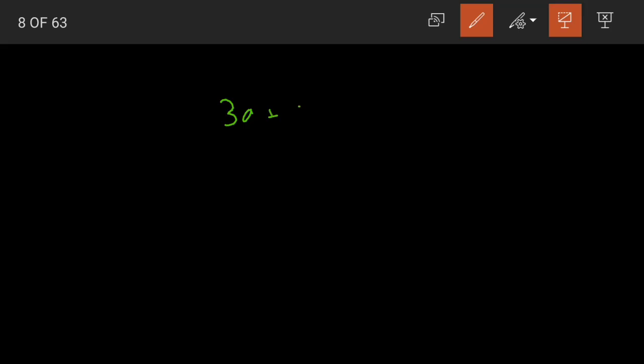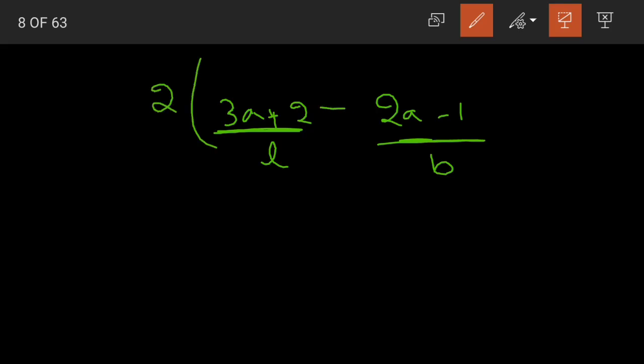3a plus 2, 2a minus 1. Remember, children, this whole is our length and this whole is our breadth. How do we find out the perimeter? 2 into (length plus breadth). Is this clear? Simply we have written the values in place of length and breadth.